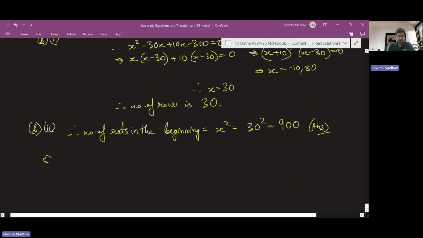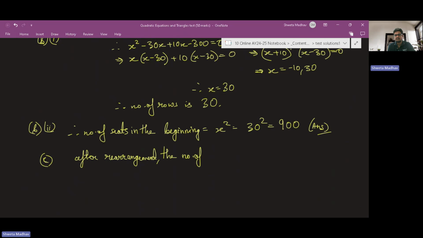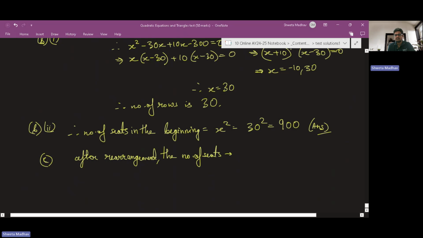And in the C part, it has been asked how many seats were there in the auditorium after rearrangement. After rearrangement, the number of seats will be x squared plus 300, which is 900 plus 300.